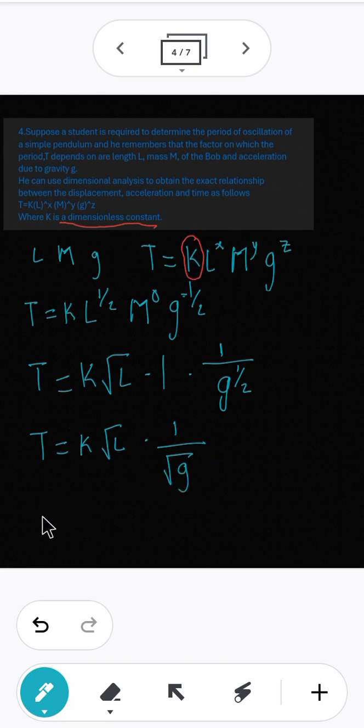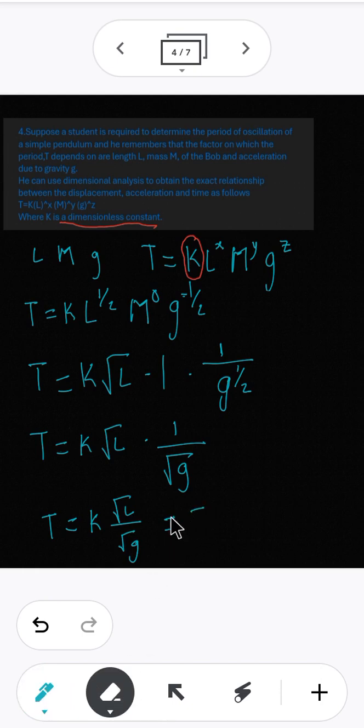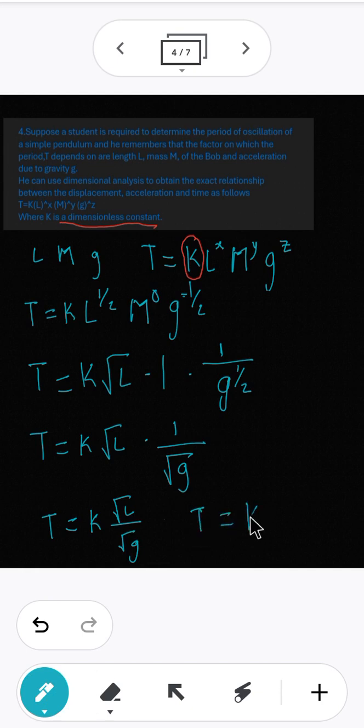Now our final relation is going to be T equal to k square root of L over square root of g. Now indices also told us that when you have two roots in a division, it can also be written as one root. So our final relation will be T equal to k square root of L over g.